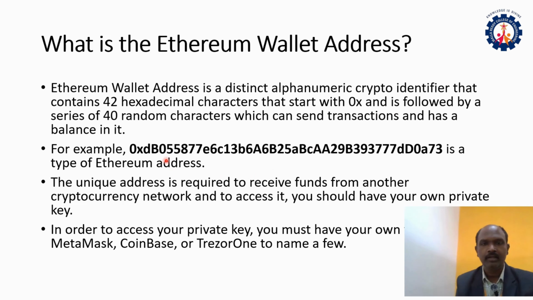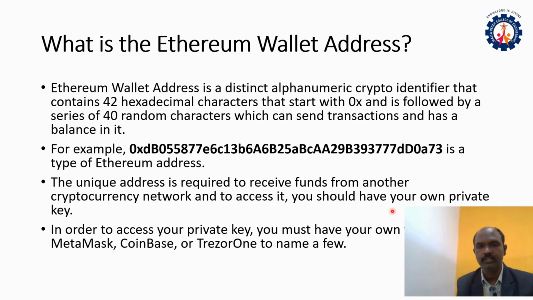For example, here we can take 0x, which is one type of Ethereum address. These 42 hexadecimal characters may be represented as the Ethereum address. A unique address is required to receive funds from another cryptocurrency network and to access it.